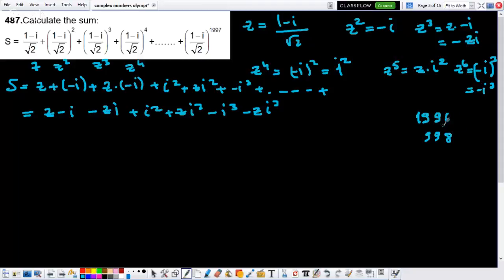These are the last terms, and here the last terms are going to be equal to i to the power of 998, and plus z times i to the power of 998 it's going to be.